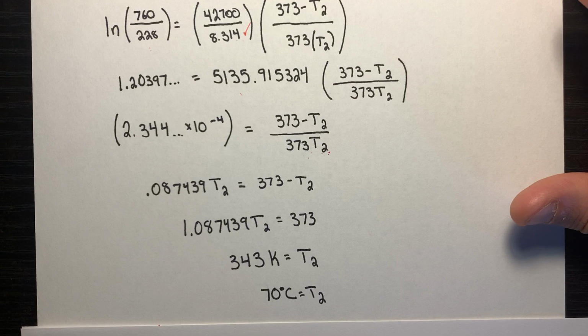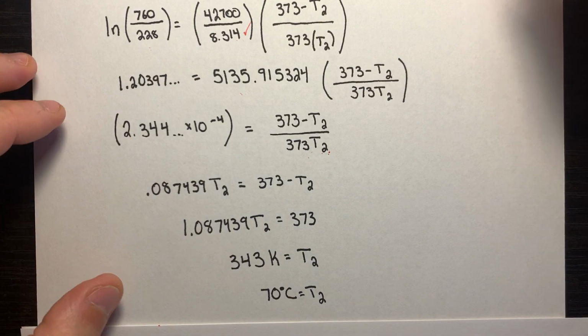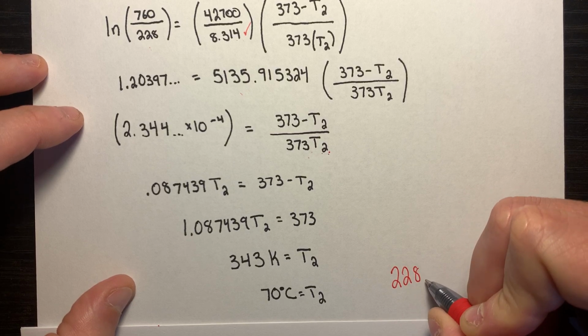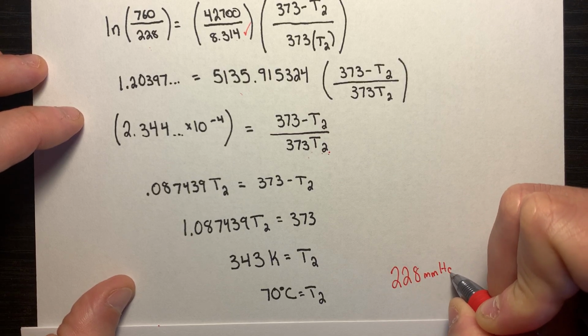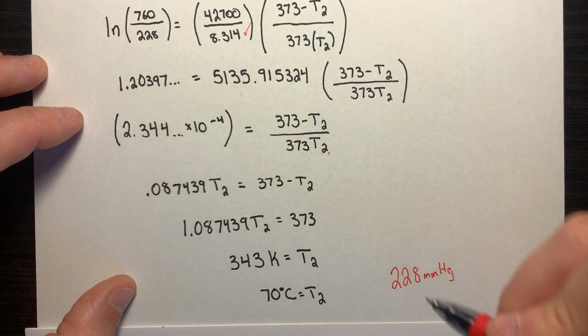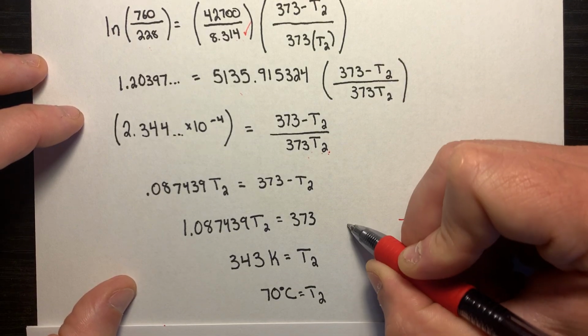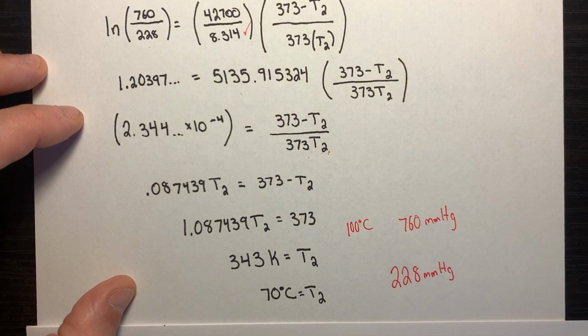Okay? And that's what we'd expect, right? If we're only trying to get to a vapor pressure of 228 millimeters of mercury, as opposed to, say, 760 millimeters of mercury, we know that you have to get water up to 100 degrees Celsius in order to reach that higher vapor pressure.